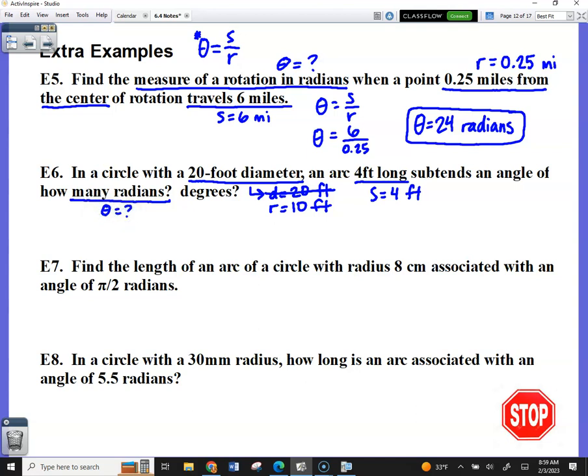Then, of course, it says, what about if it were in degrees? So this is us refreshing you on how to convert. Get your answer in radians, then convert it to degrees.